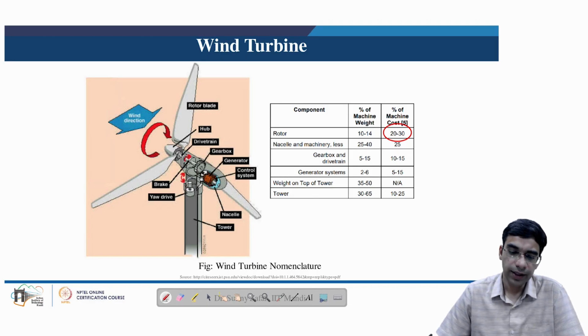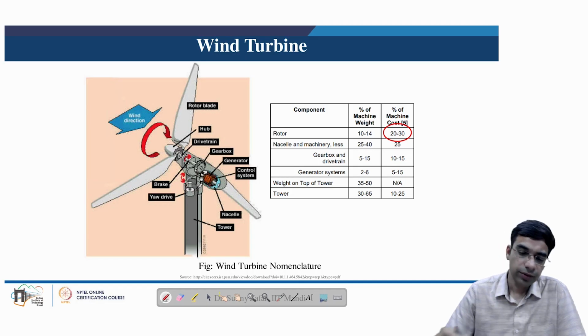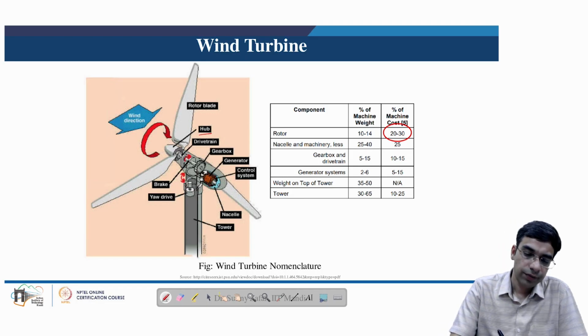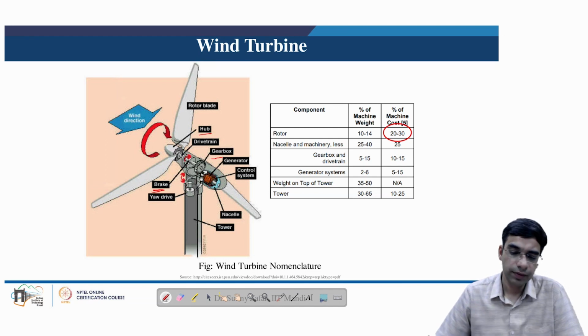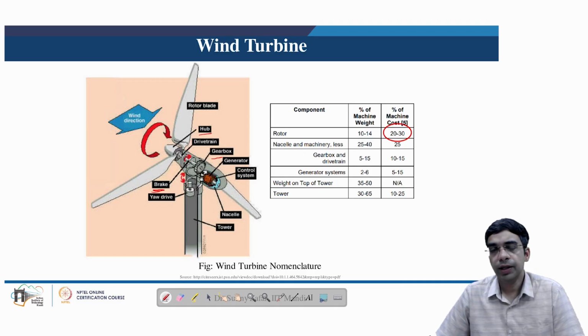From the blades the drivetrain part of the wind turbine starts, where the blades are mounted on the hub, and from the drivetrain we move on to the gearbox. Before the gearbox, a brake is also available in case we want to decouple the rotation of the blade from the mechanical gearbox behind the wind turbine.